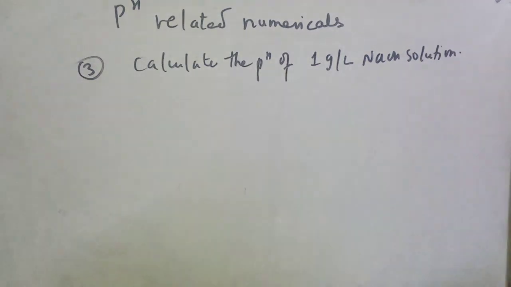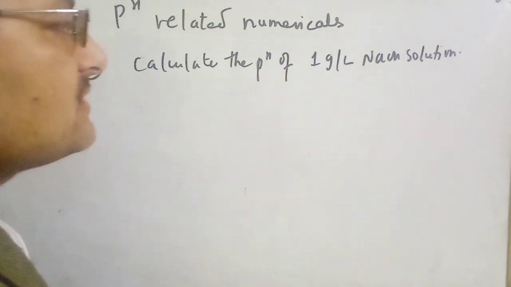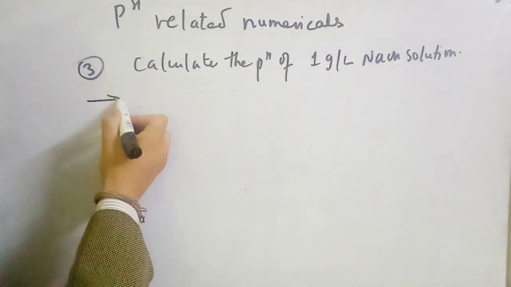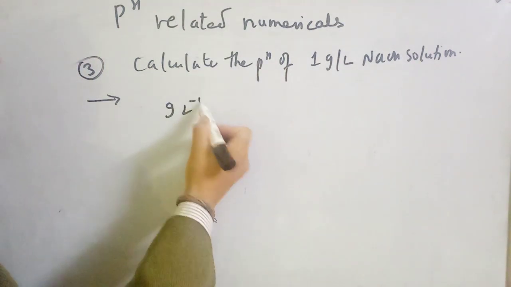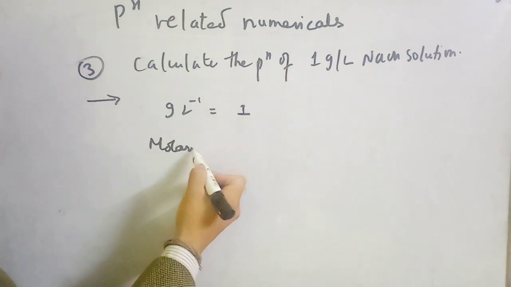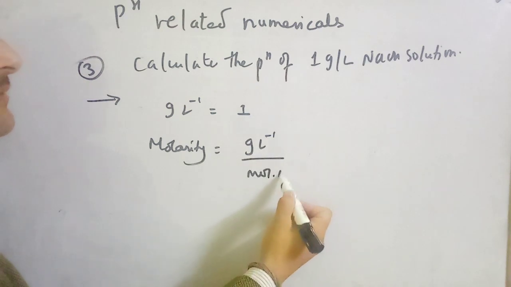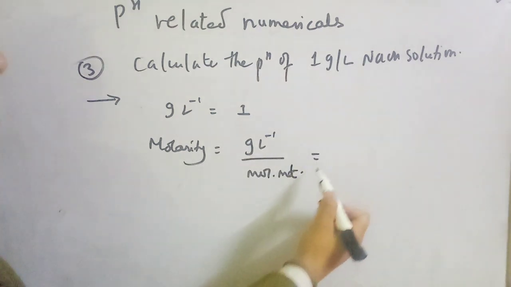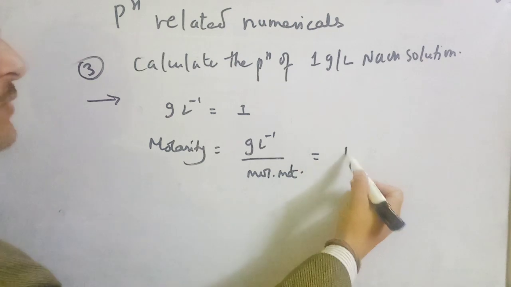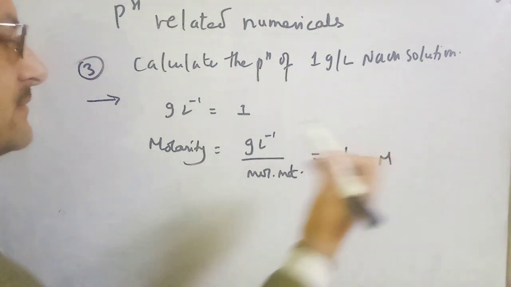This kind of problem may also come. If gram per liter is given, 1, then you can calculate molarity. Molarity equals gram per liter divided by the molecular weight. Gram per liter is 1, divided by molecular weight 40. So this is the molarity value.